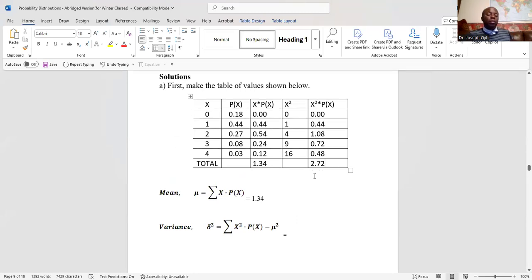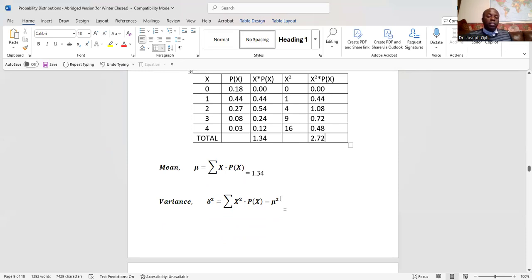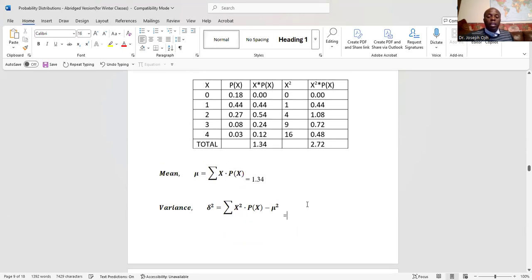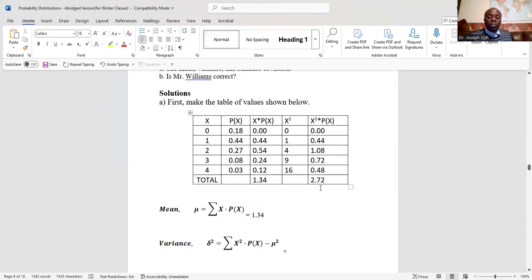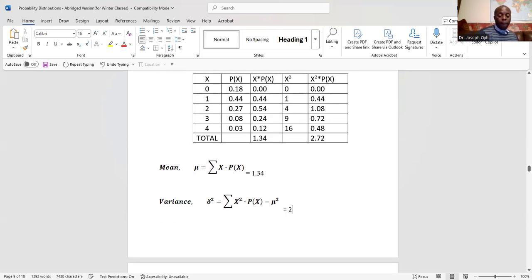2.72. So I have the mean here, and the variance is the sum of x squared times px minus mean squared. That means this is x squared times px, this is the sum right here, 2.72, minus the mean, which is 1.34 squared.